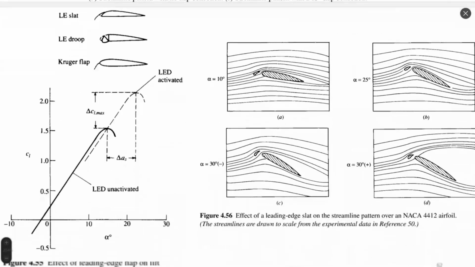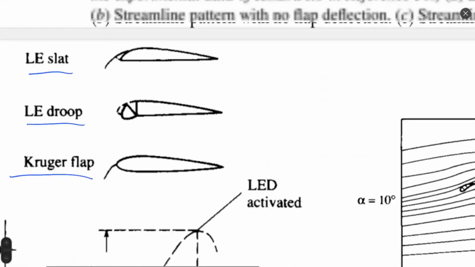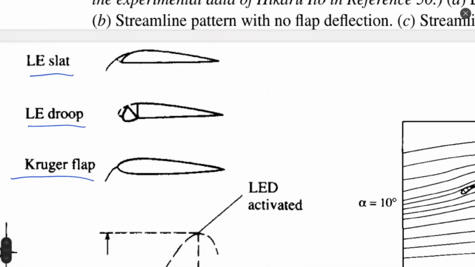There are other technical solutions on flight control. They are called slats, leading edge slats, leading edge drop, Kruger flap, and other technical solutions you can find in the literature. They are controlling the leading edge flow behavior.